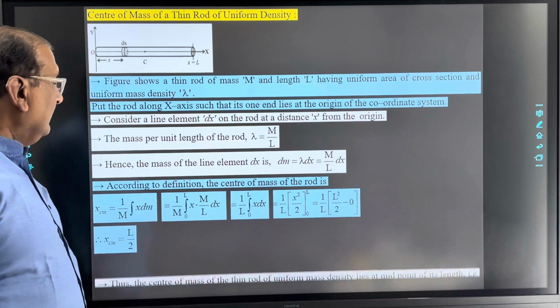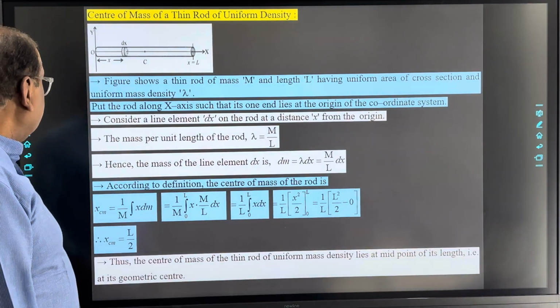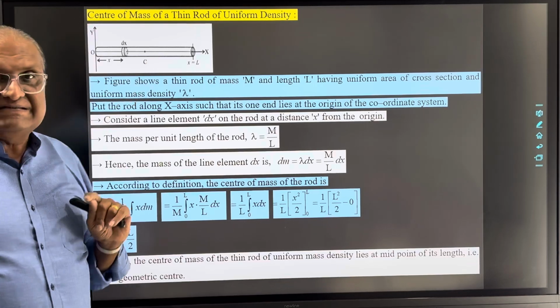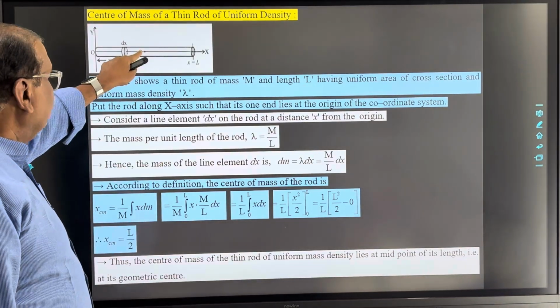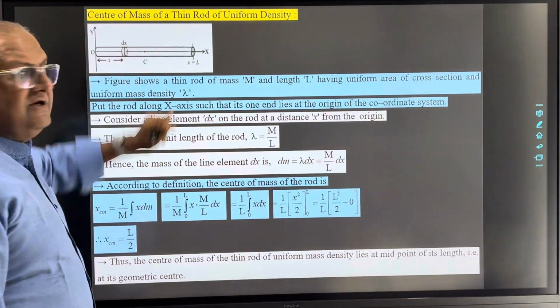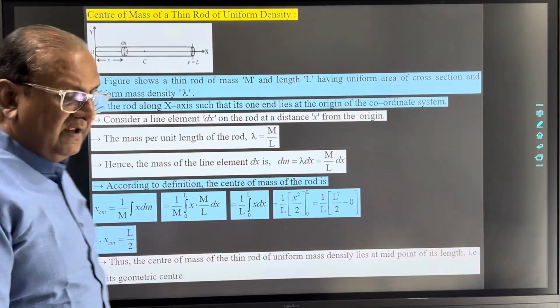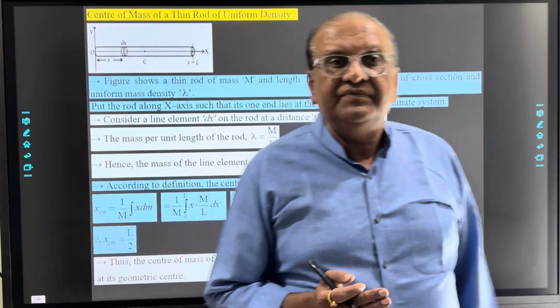It implies that we can observe this thing: the center of mass of a thin rod of uniform mass density lies at the center or midpoint of the rod. So remember this, not only for a rod.